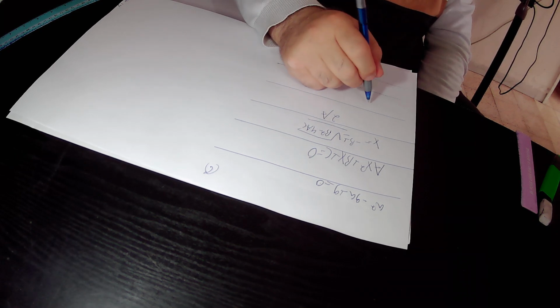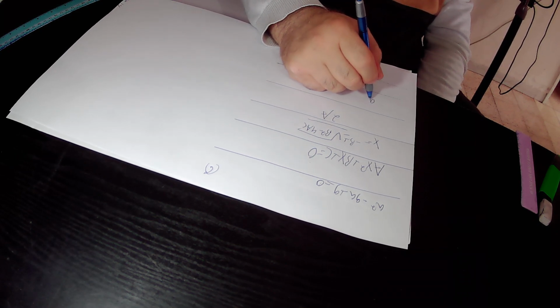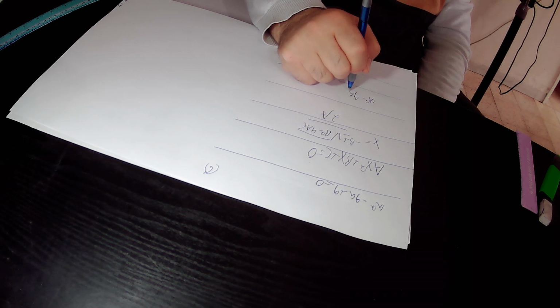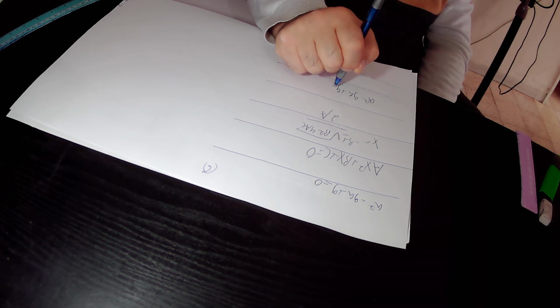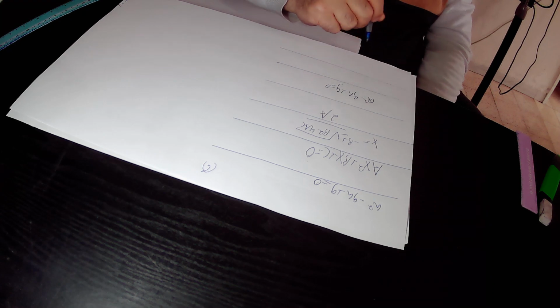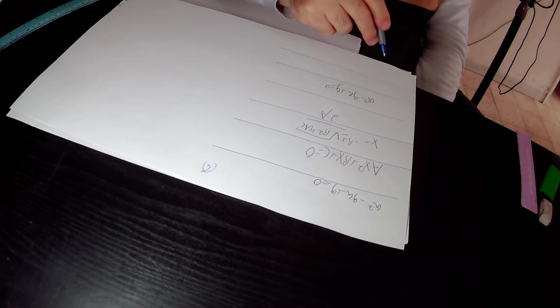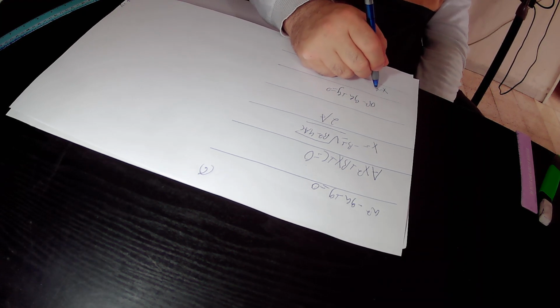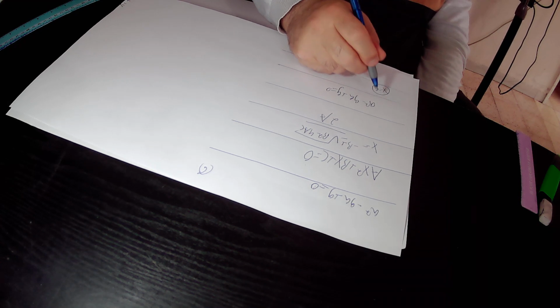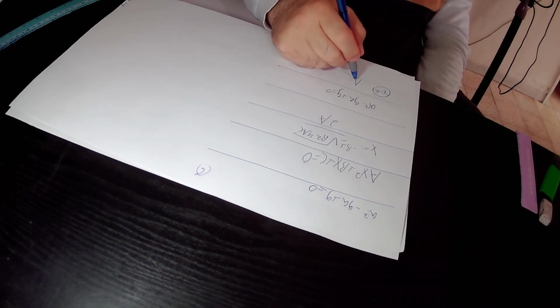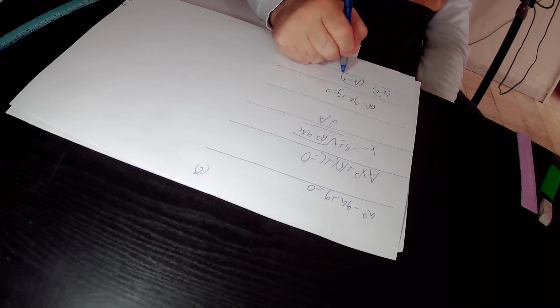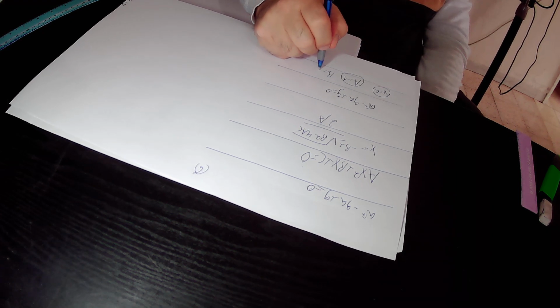Now, our specific quadratic equation, that is to say a squared minus 9a plus 9 equals 0. The variable that we are looking for is a, so x equals a. The coefficient a equals 1. The coefficient b equals minus 9.